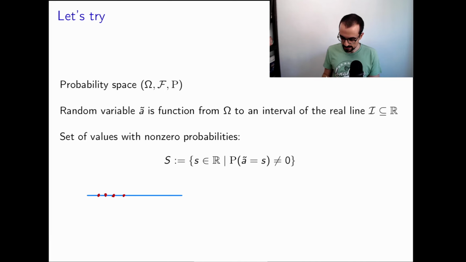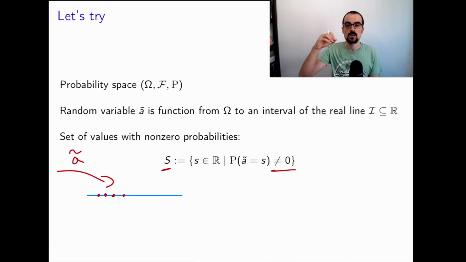I'm calling S the points within the interval that have a probability that is non-zero. I say, this random variable A is mapping onto this interval, so I'm going to define the probability that A is equal to 2.3, to 3.75, and so on and so forth.